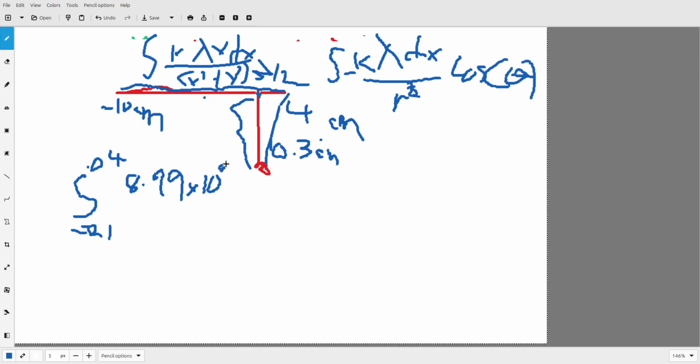Now the charge density is the charge per unit length. It was 25.6 millicoulombs, so that's 25.6 times 10 to the negative 3. Convert millicoulombs to coulombs. And this is the length, which is going to be 0.14 meters.